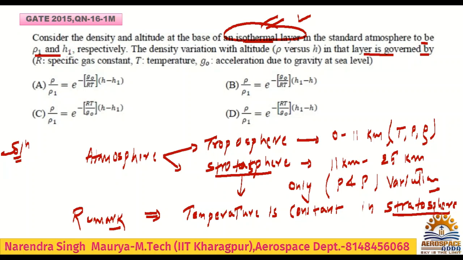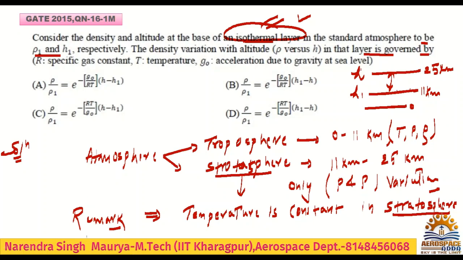From 0 to 11 kilometer it is troposphere, and from 11 kilometer to 25 kilometer it is stratosphere. So now your reference is 11 kilometer. At 11 kilometer, what altitude do you write? h1. And here, if you want to calculate, then this is h as per this question.